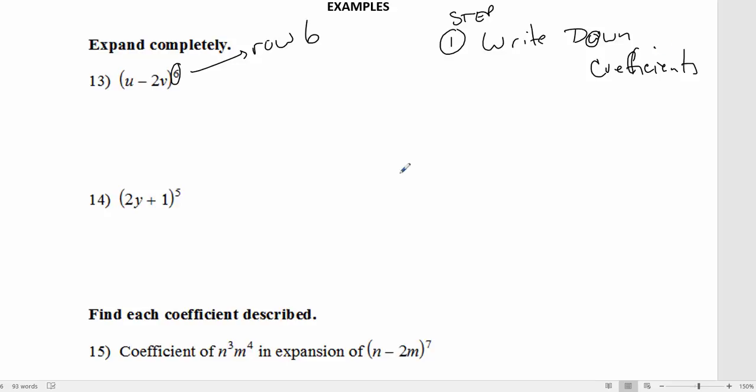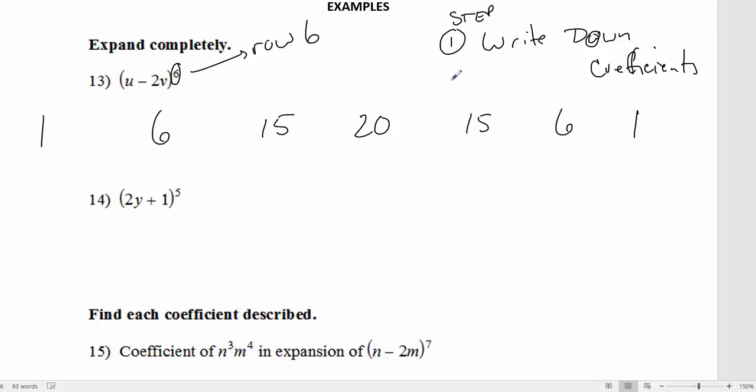Okay. So here's what I'm going to do. I'm going to go to row 6, and my coefficients for row 6 are 1, 6, 15, 20, 15, 6, and 1. And you might be like, why am I spacing the numbers out that far? Because I'm going to end up putting other things in here. So these are the coefficients, okay?